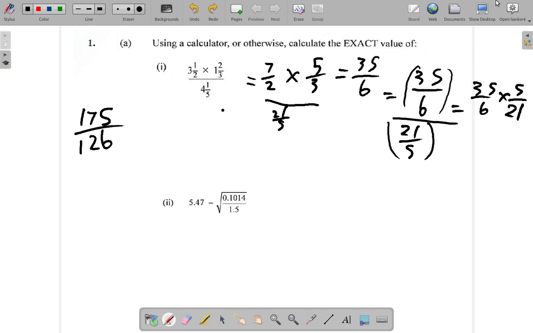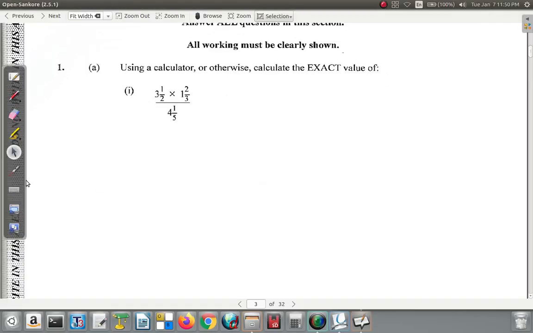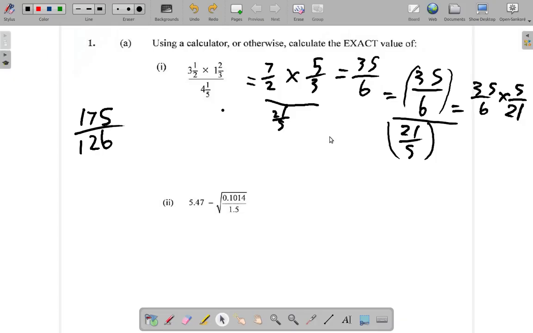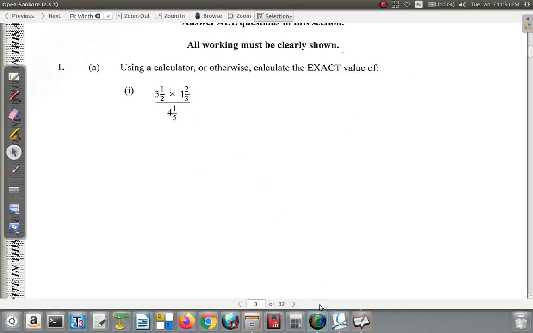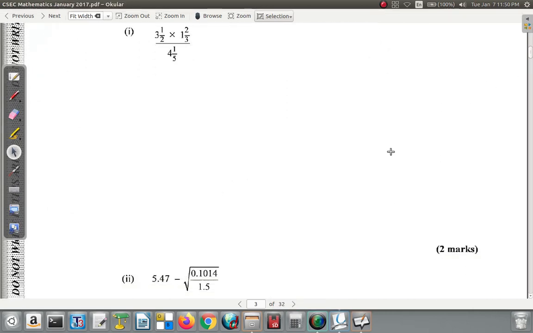Now, let me see if I can get my calculator. That was 175 over 126. The second part now is a bit more tricky.